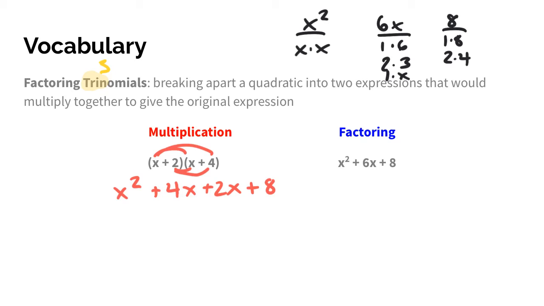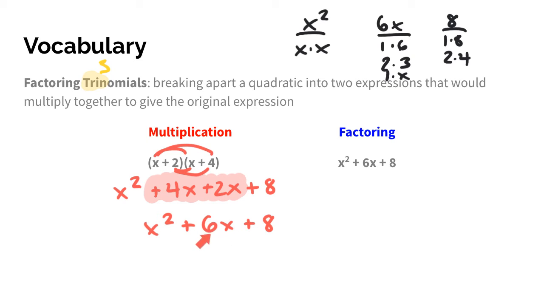Now I multiply those things together and notice that in the middle I have two terms, 4x and 2x. Those are both like terms. So to simplify this, one last step, if I do 4 plus 2, I would get 6x. And then at the end I would have my plus 8. Again, these three things are not like terms because the x squared, even though it has an x, the exponent makes it different than the 6x.